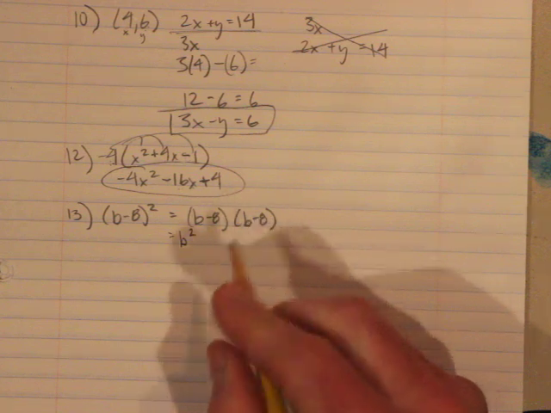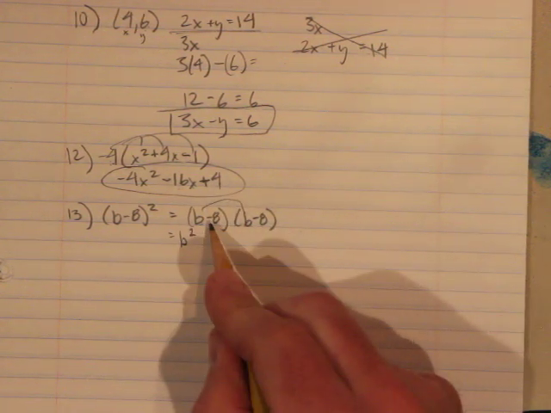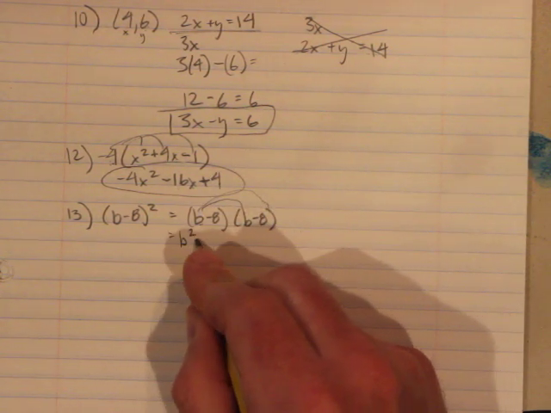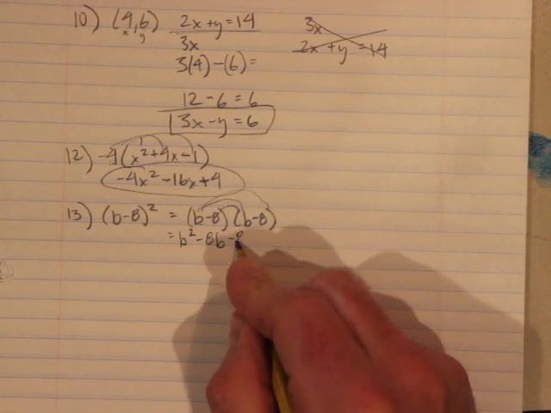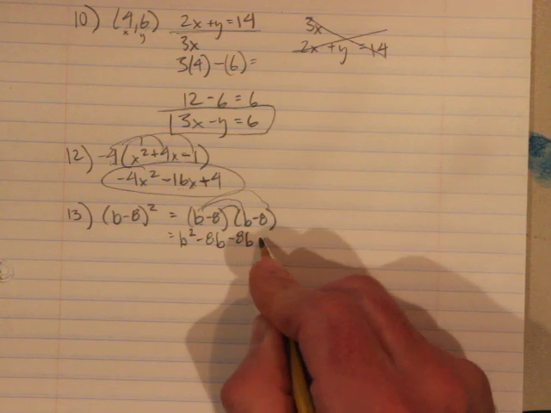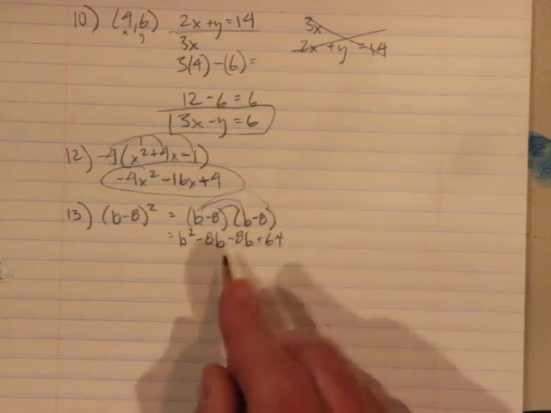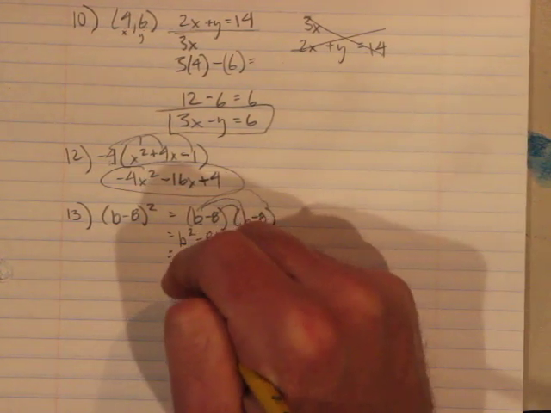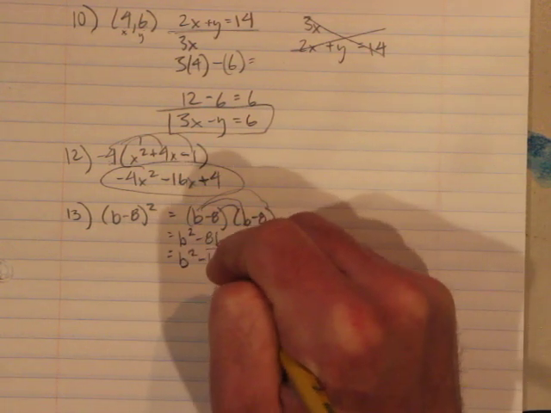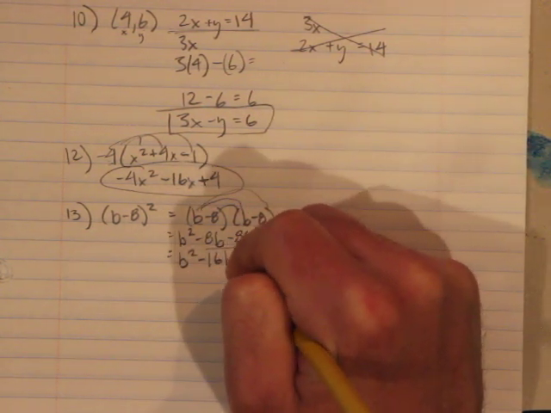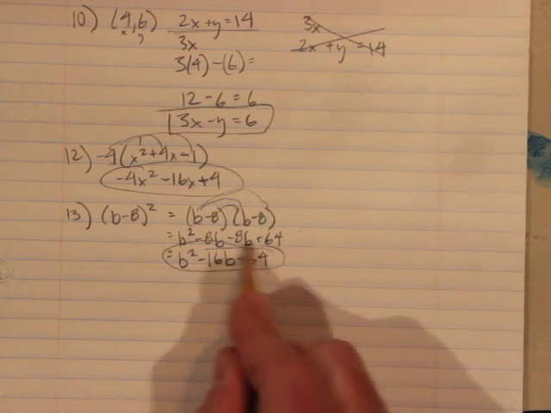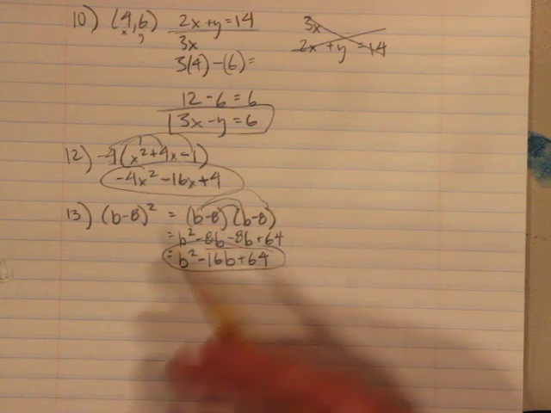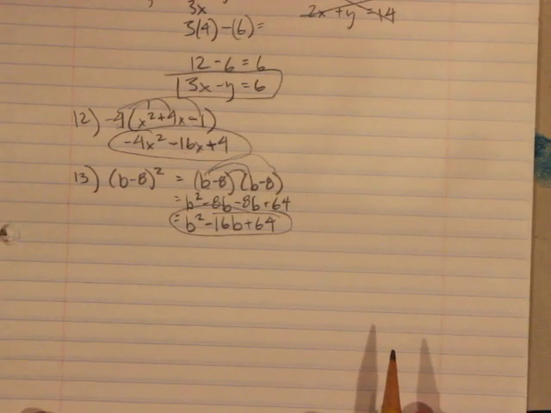B times negative 8 is negative 8b. Negative 8 times b is negative 8b. Negative 8 times negative 8 is positive 64. Combine my like terms. b squared minus 16b plus 64 is your product here of that binomial squared.